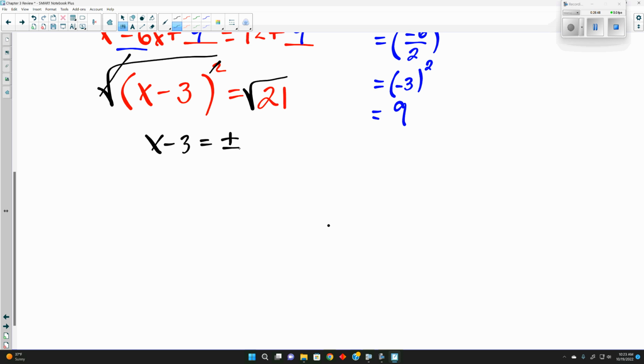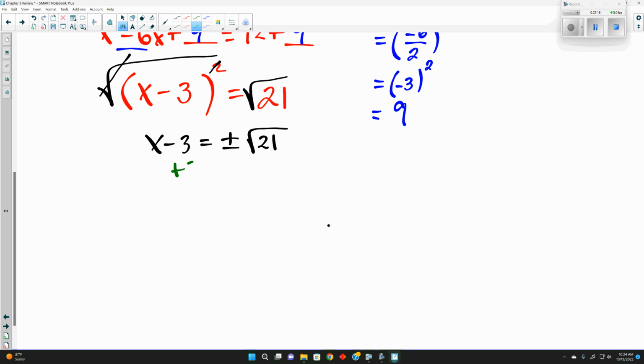If it had been negative 21, I would pull the i out, take the square root of 21, and see if it reduces. The square root of 21 is still just the square root of 21. It doesn't simplify at all, because there is no perfect square factor. 4, 9, 16, 25 aren't factors we can get to 21. So we're just left with this.